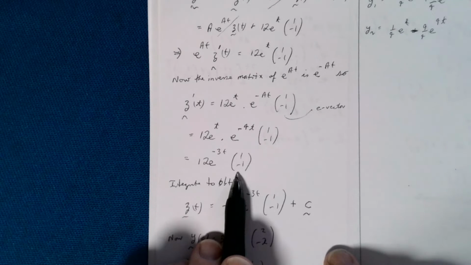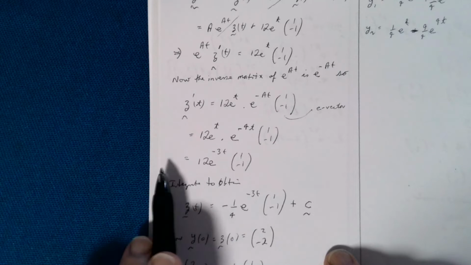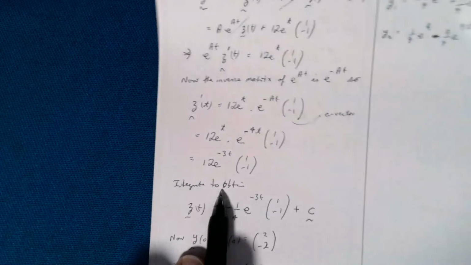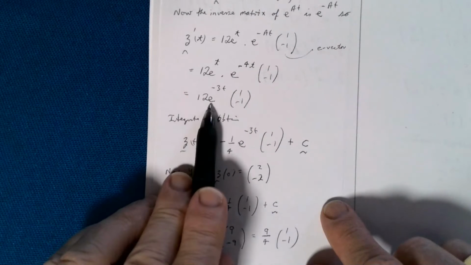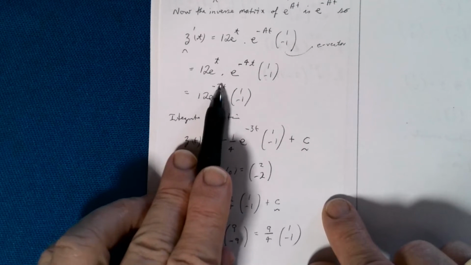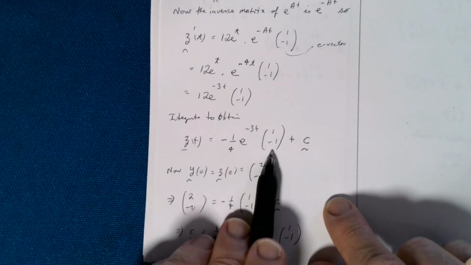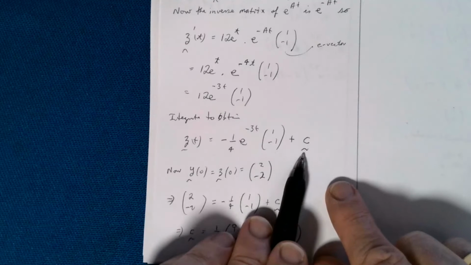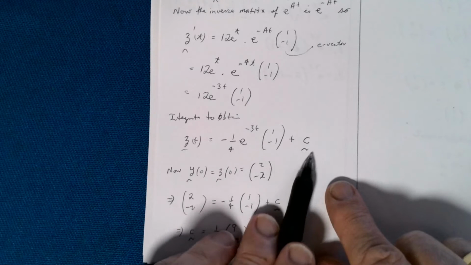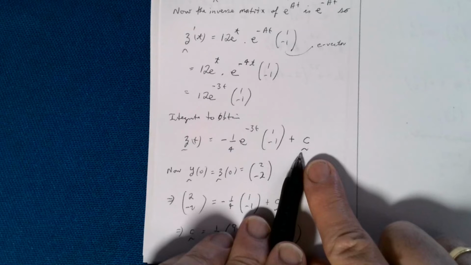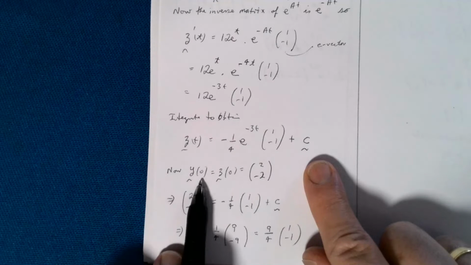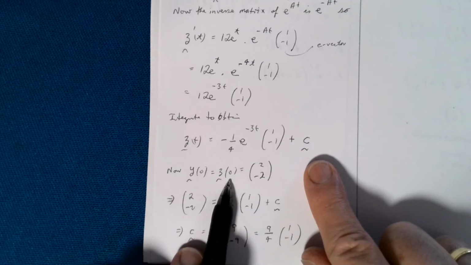Now that's z dashed, and I need to obtain z, so I'm going to integrate both sides of this. I'm just going to integrate the 12 e to the minus 3t, so I'm going to divide by minus 3, that'll give me minus a quarter, e to the minus 3t times this vector. But when you integrate, you pick up a constant, which in this case is a constant vector, which I'll call c. So that's my constant of integration. Now if we go back and look at our substitution, we see that y of 0, the initial condition, is the same as z of 0, and we were given that that was equal to (2, -2).